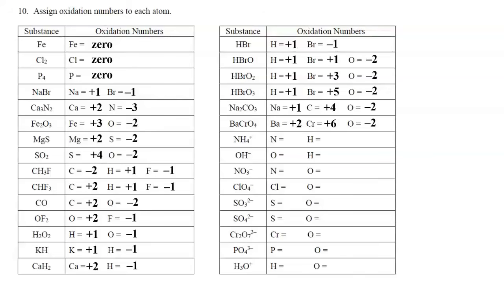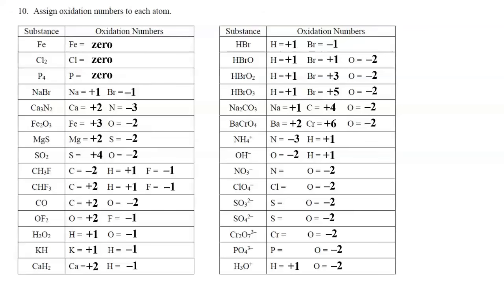Now we have a bunch of polyatomic ions to assign. I'm going to go ahead and fill in automatically. Hydrogen is +1. Oxygen is -2, so there's nothing weird or no exceptions to the rule there. So I've already filled in the oxidation number of hydrogen and oxygen. Now let's figure out what the rest of the oxidation numbers are.